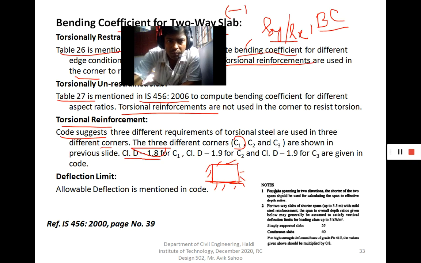Clause D 1.8 for C1, clause D 1.9 for C2. Just go through these clauses and read properly, and you get the torsional requirement; C2 and C3 are given in the code.